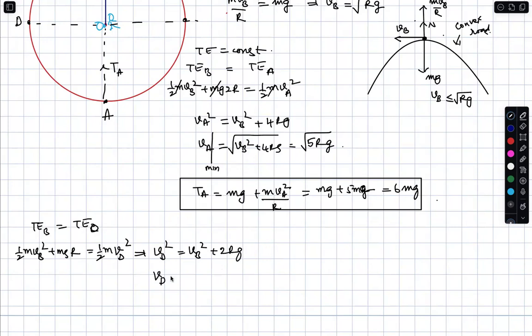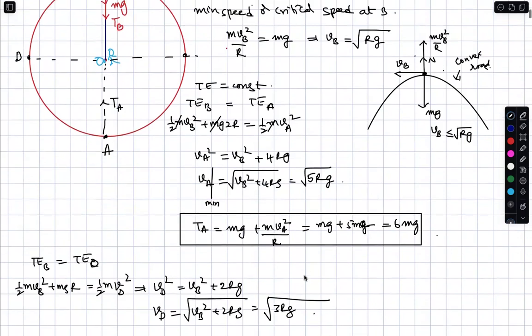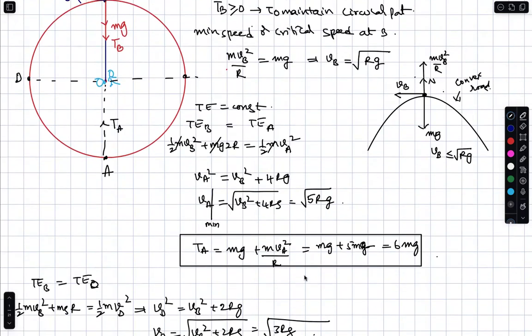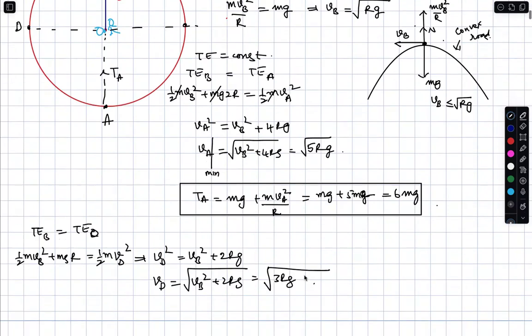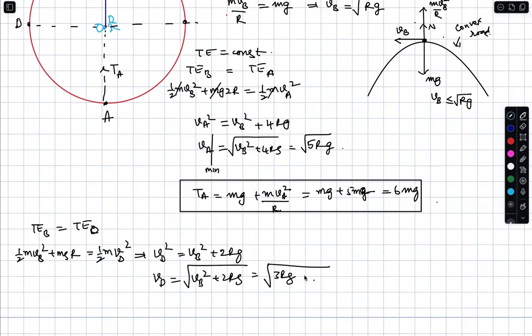So Vd is root of Vb square plus 2RG, which is root 3RG. When it is running with critical speeds, speed at B is root RG, speed at D is root 3RG, and speed at A is root 5RG.